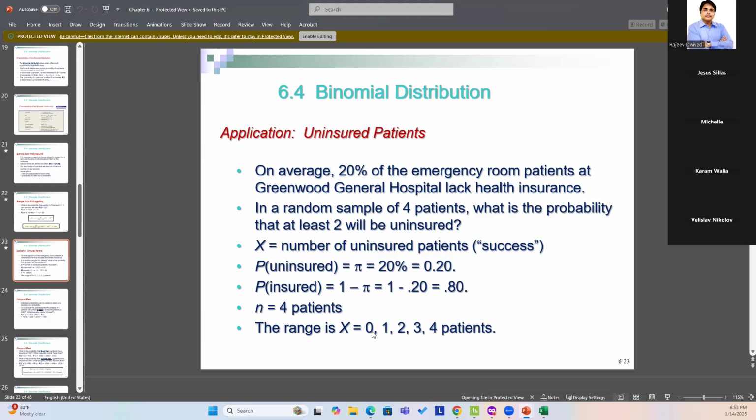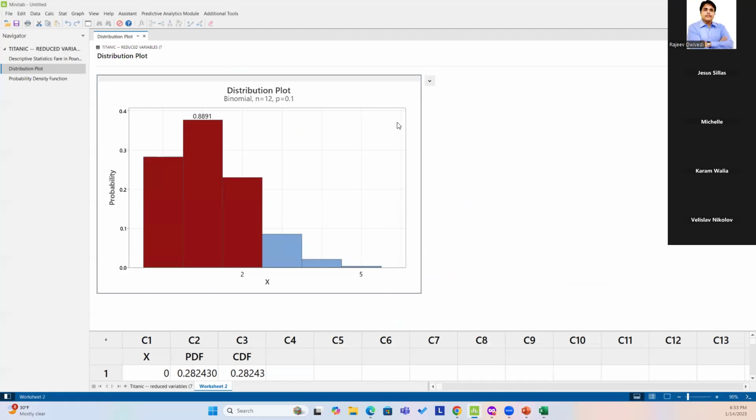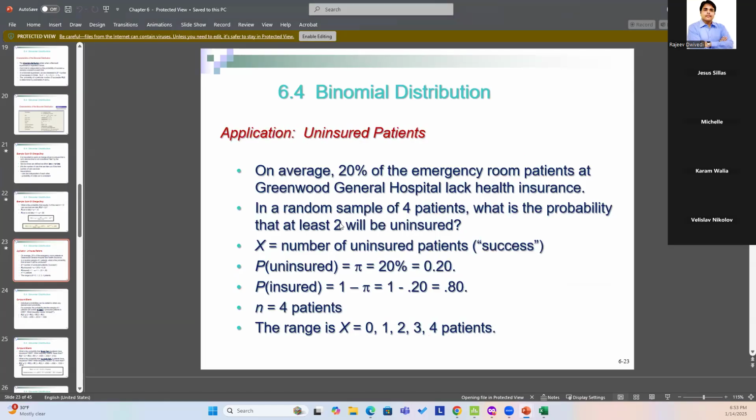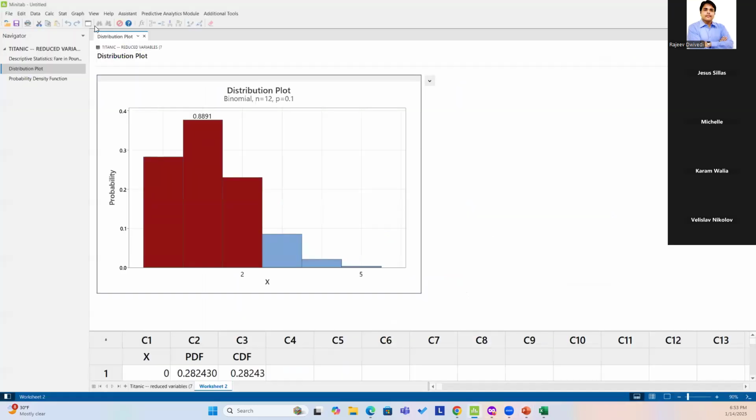The x value is 2, but it is asking at least two. So 2, 3, 4 means we want to check all these numbers together, the total probability. How can we check? If you want to use Minitab, here I have 4, 2, and 20%, and I can do it in just one click.